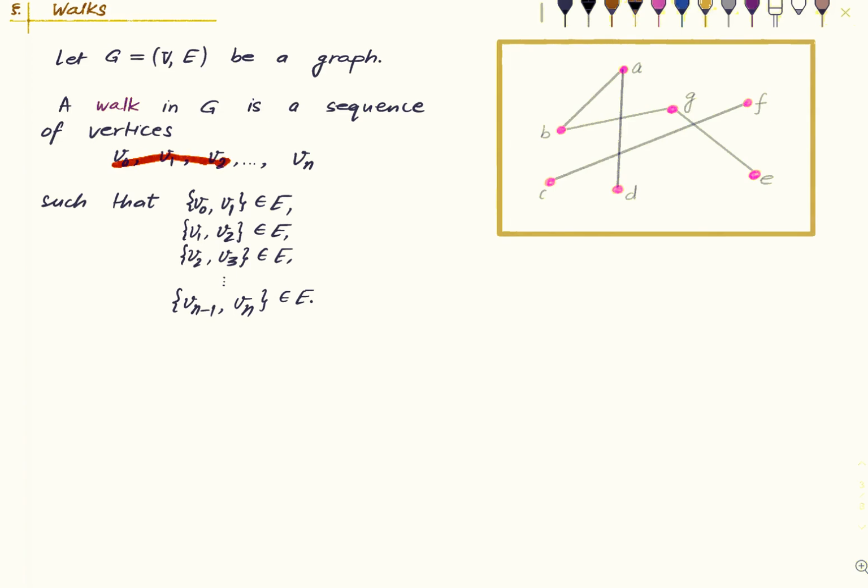So there is an edge with the adjacent vertices as endpoints. So that's a walk. We will look at examples, but this is the formal definition.